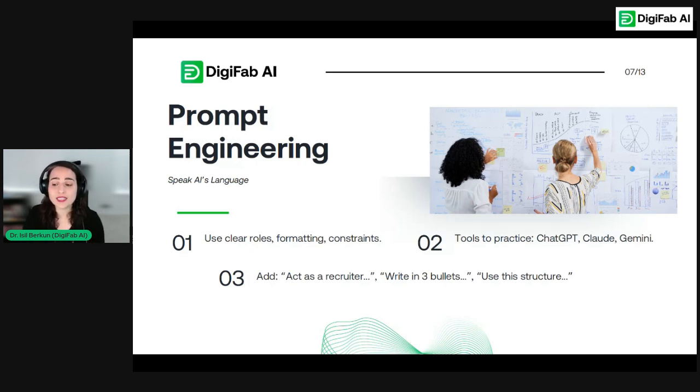So if we are taking one lesson from this talk today, please take that prompt engineering is a must. If we are not taking away any tools, let's take the tricks and tips from prompt engineering. This is a very powerful skill that helps you get the output you want from the LLM, not the output the LLM thinks is best, right? The output you want to get out of the LLM.